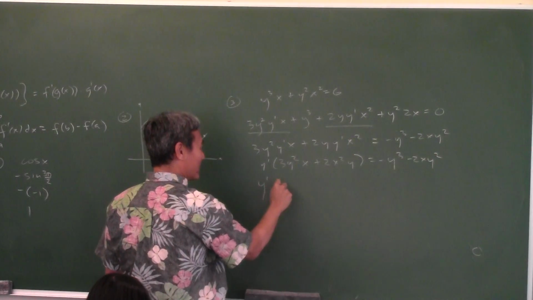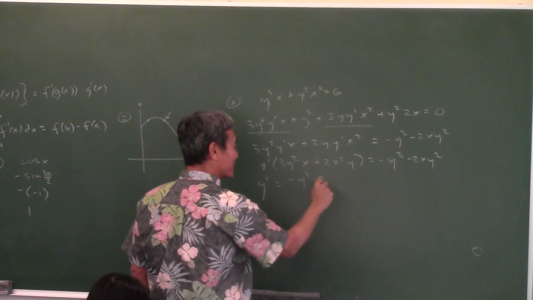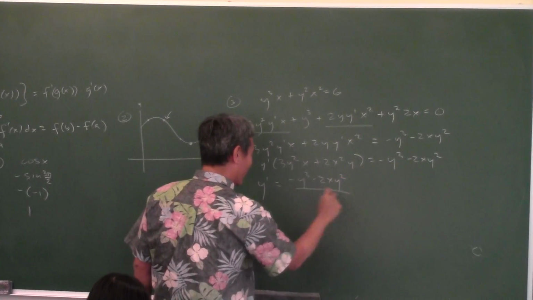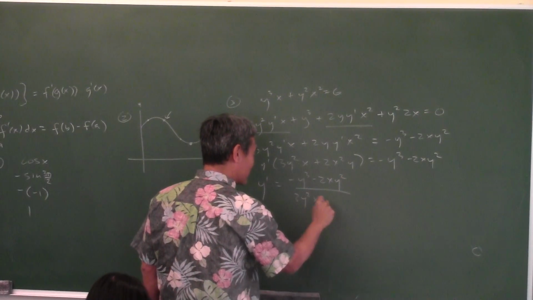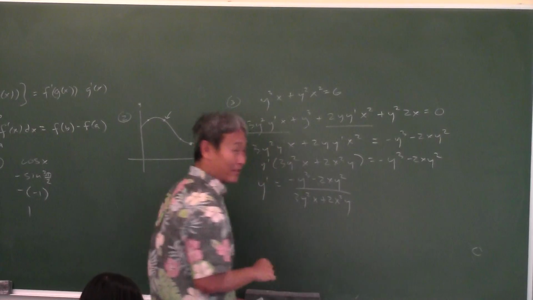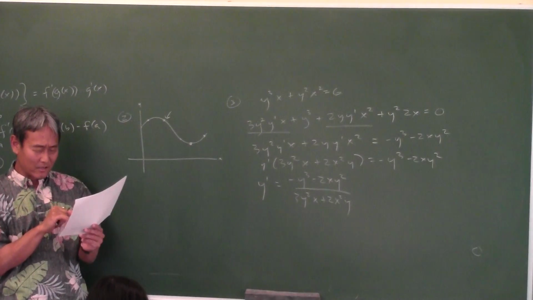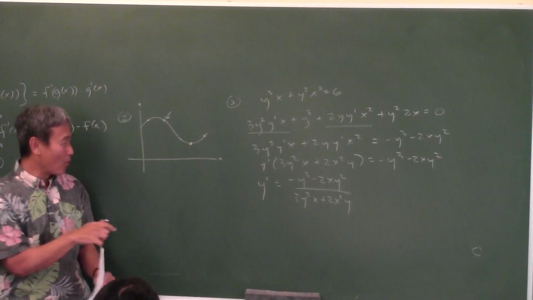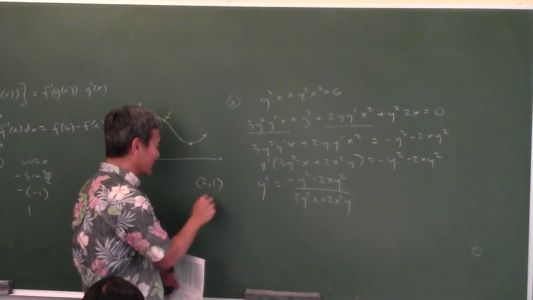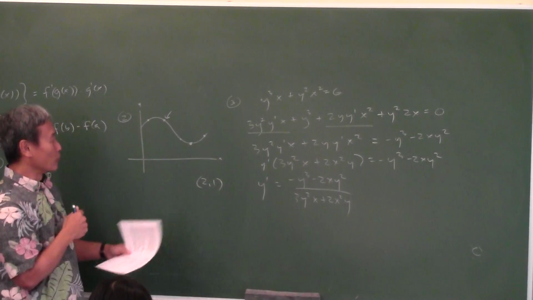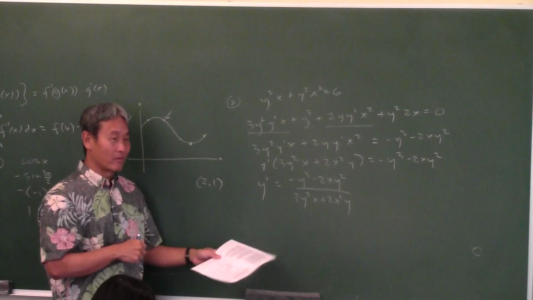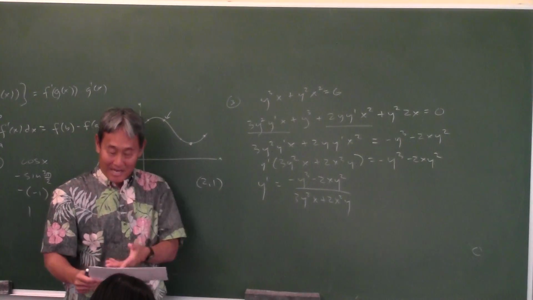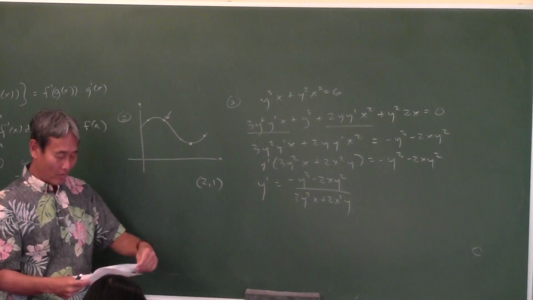So y prime equals that over 3y squared x plus 2x squared y. It's the same procedure every single time. Now that's not the answer yet. It says, what is the slope at the point (2, 1)? Then you plug it in. So you plug in 2 for x and 1 for y. And you guys got the answer, so we can move on, right?